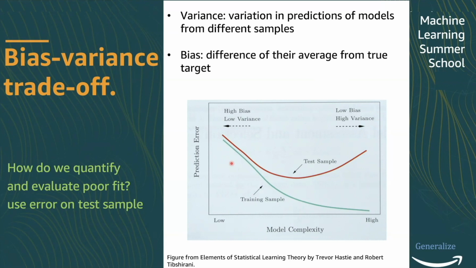These are distinct samples, so none of the records or instances from your test sample would appear in your training sample. In training the model, which is in learning your model F star, you would only use the training sample. You should never use the test sample. You train on the training sample, learn a model, and then use the performance of this model on the test sample to determine if it is good enough or not.